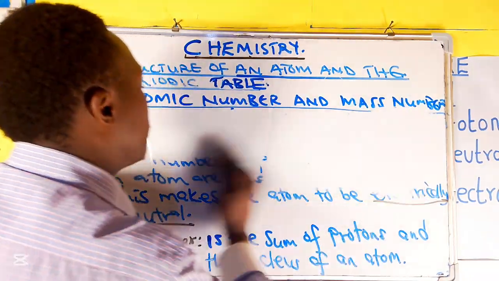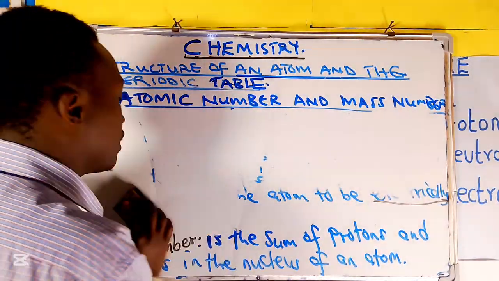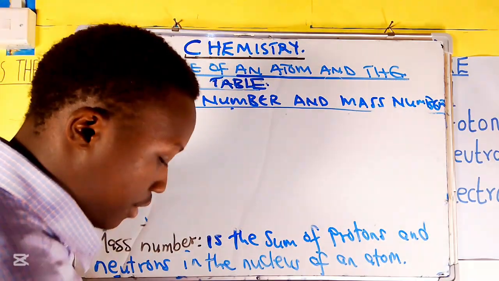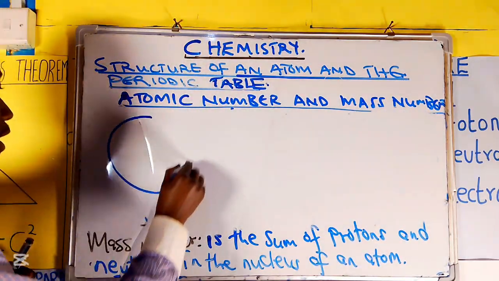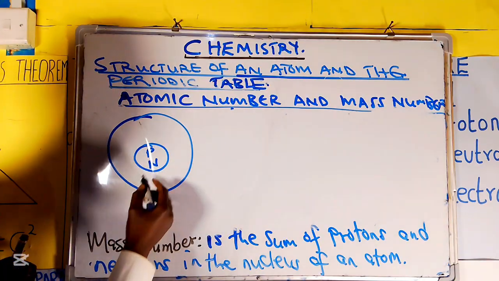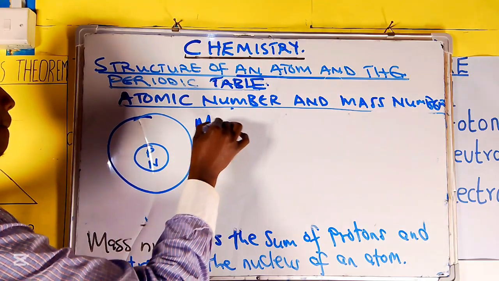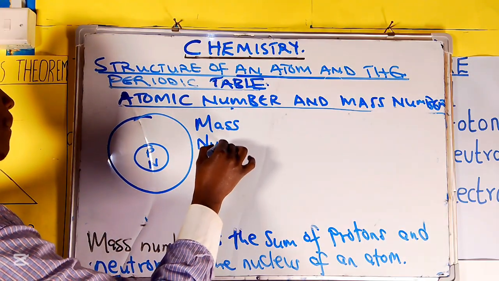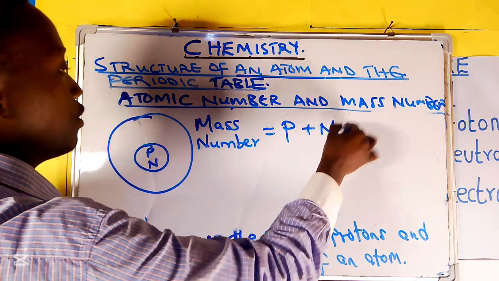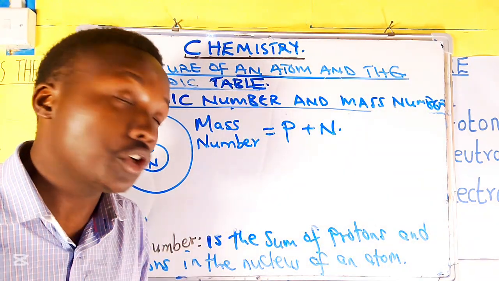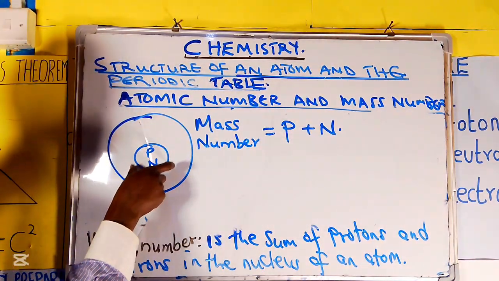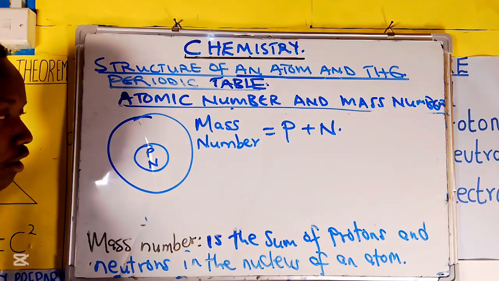That means that the constituents of the nucleus, which are the protons and the neutrons, given an atom, mass number will be equivalent to protons plus neutrons. So these two are the ones that contribute to the mass number of an atom.